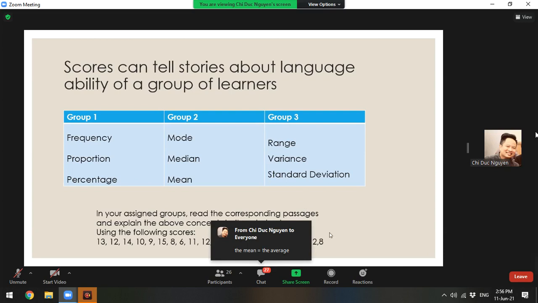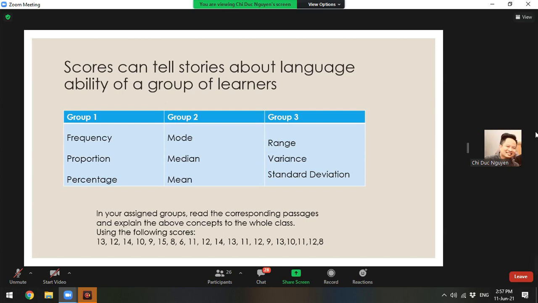Okay. And the next one, the median, is the number that divides the data set into 2 halves. For example, if you take a closer look at the chat box, we have 1 student who got 6, 2 students got 8, 2 students got 9, 2 students got 10, and 3 students got 11, right?